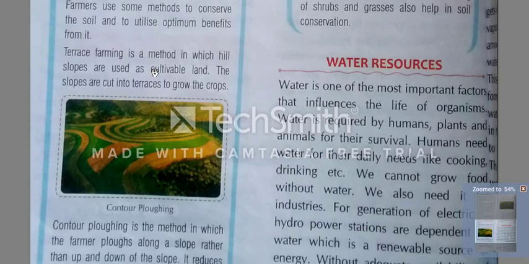This is the method of using hilly areas for cultivation. The slopes are cut into terraces so they can grow the crops. Okay.